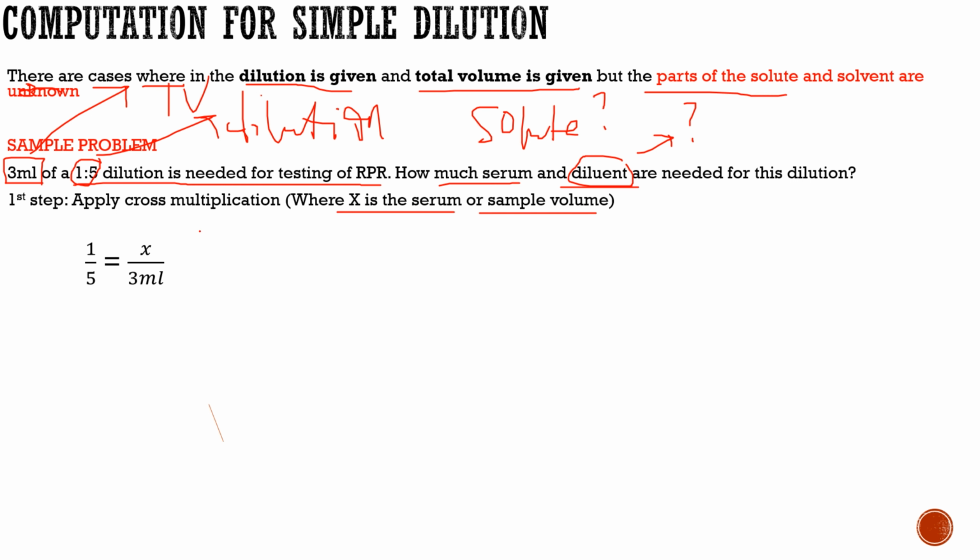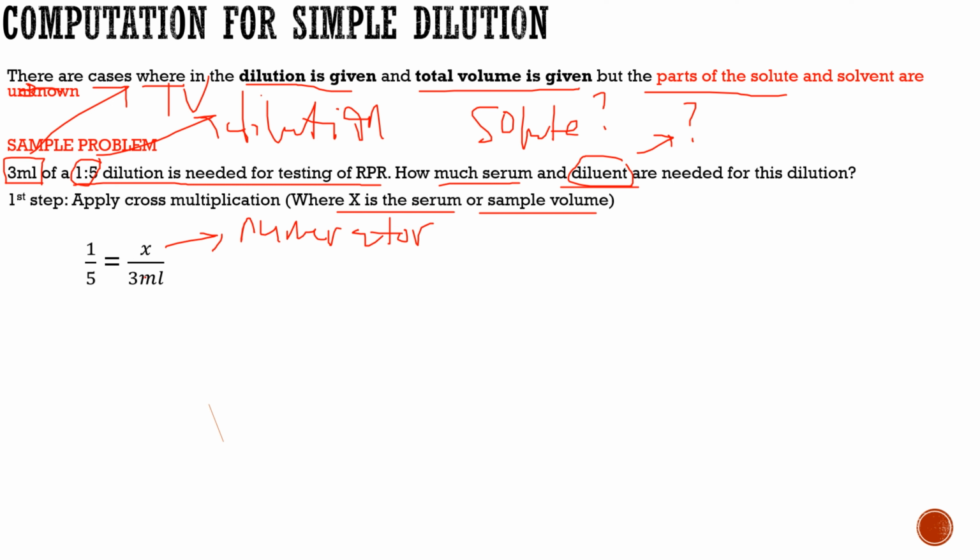So if we try to do that, it's going to look like this. You apply the cross multiplication, you multiply the fraction, the dilution over the amount of volume. So we have 1 is to 5 over x over 3 ml. Always remember, class, X is always the numerator, the one on top. Please remember that.